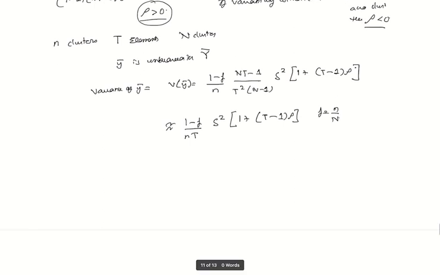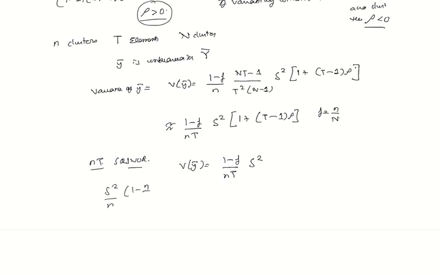Now instead of doing this cluster thing, if we had obtained a direct sample of size nt from SRSWOR, then the variance of the sample mean in that case is going to be 1 minus f upon nt, s square, which you can obtain from the typical formula that we know.